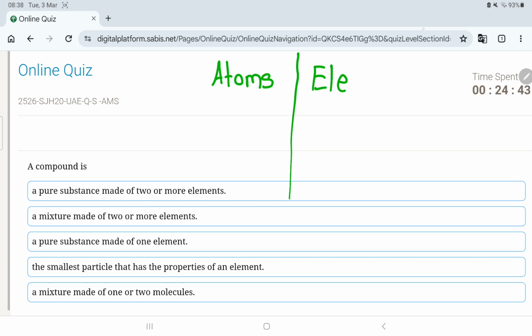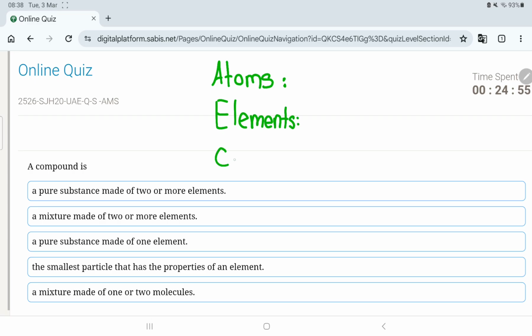I'm not going to write it in a table way, I'm going to write it like this. And you also, guys, you need to know the full definition.